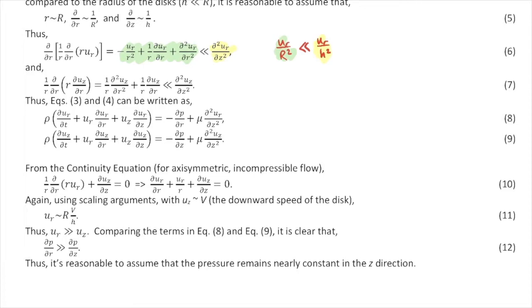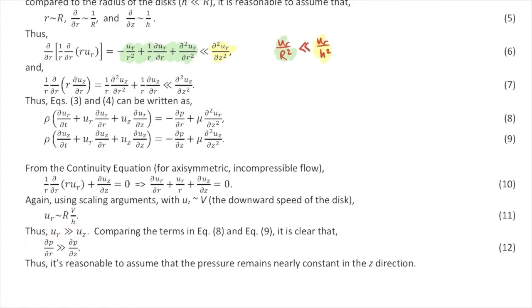So you can see here U_z scales as V, U_R scales as R V over H. Since H is very, very small, you can quickly see that U_R will be much larger than U_z just in general. And that's given right here.